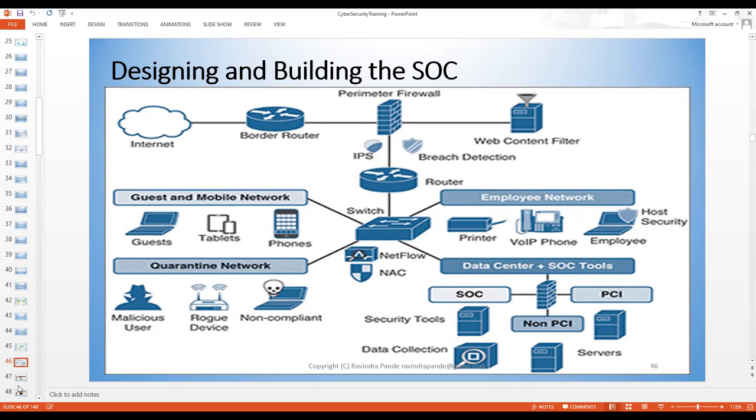The request comes to the user's border router. Then we go to the firewall. Then we go to the actual router within that infrastructure. Then we go to the switch in terms of to which IP address the request is targeted to.